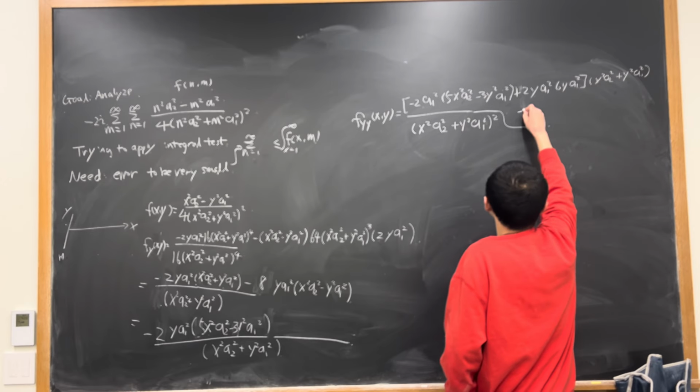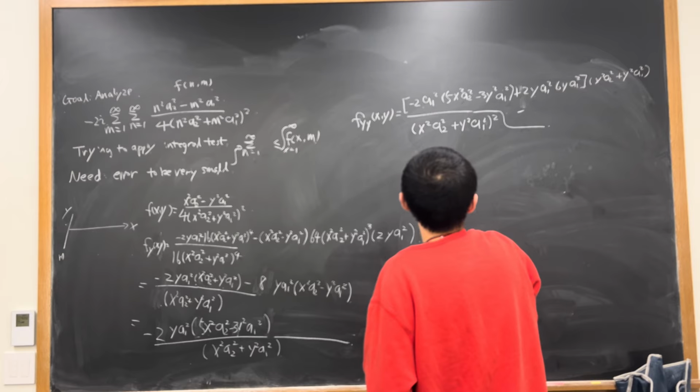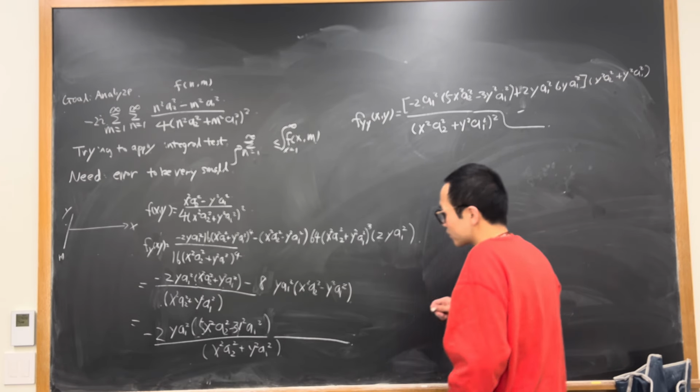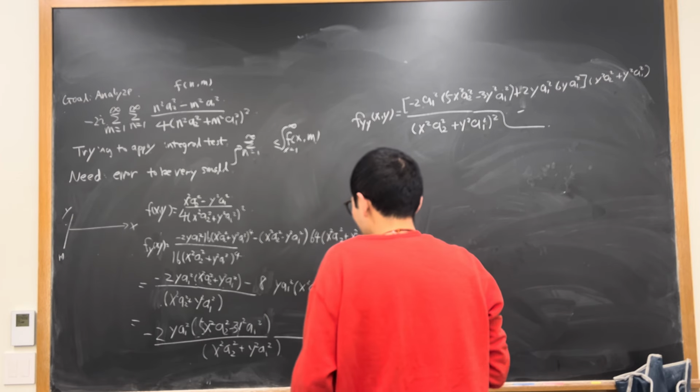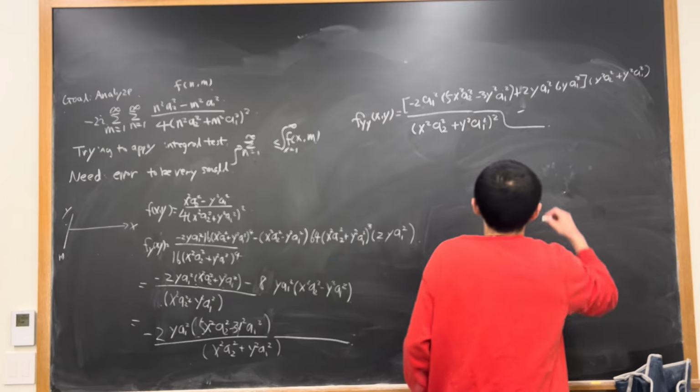So this is a fraction. Minus the derivative of the bottom, which is 2y a1 squared, right?